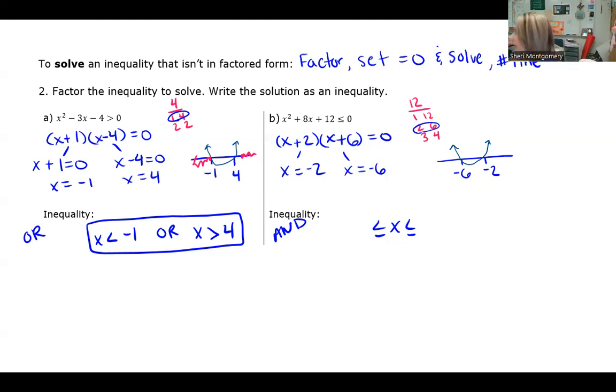So less than and together, it's always the spot where they're together. It's not the spot where they're apart. So it's below 0 here. Do you agree? So that's what we put for our answer. We put the smaller number on the left, -6, and the bigger number on the right, -2.